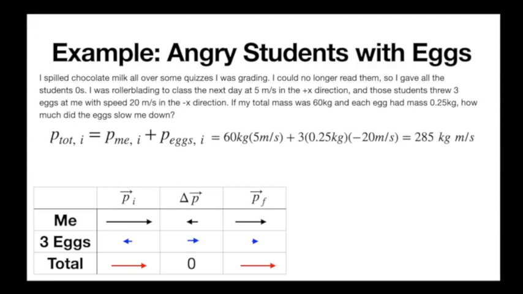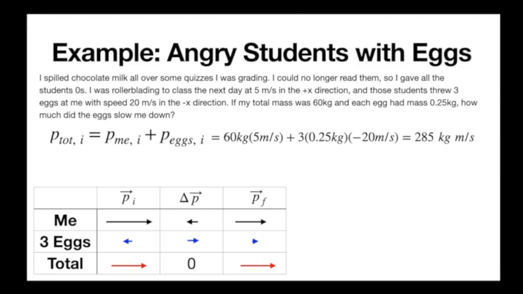And the other key to mention here is that even though we've simplified to working in a single direction, these are all technically vectors, but they're all just plus and minus x, right? So we don't need to worry about components and stuff. The sign is still important, right? It's still important that the sign of my velocity, 5 meters per second, is opposite the sign of the egg's velocity, negative 20 meters per second.